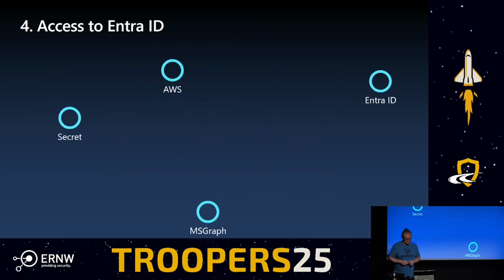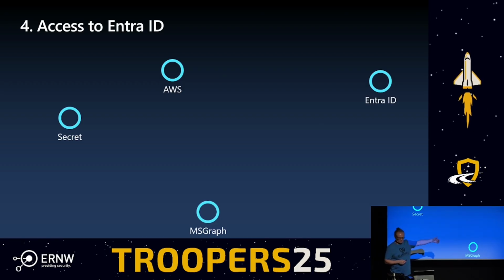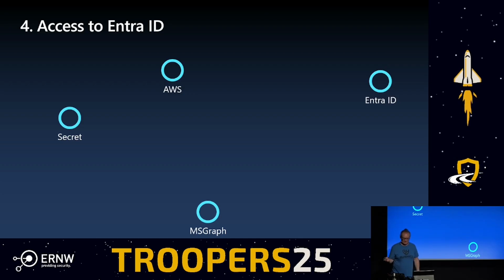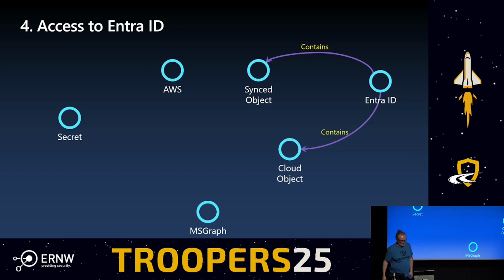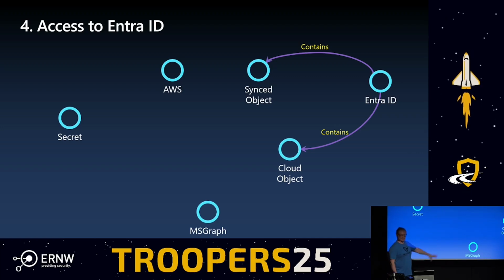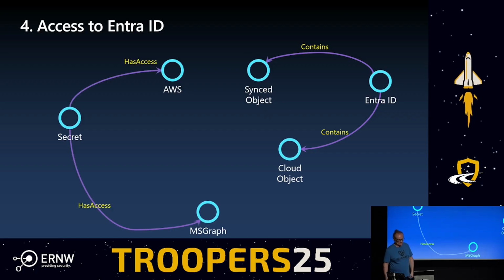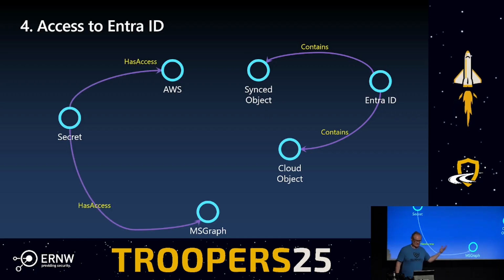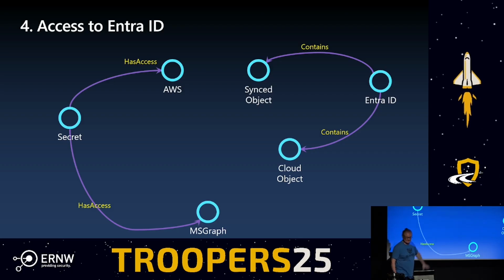Okay. Then access to Entra ID. So let's imagine that you're able to pass that. So you have now access to services, but now access to Entra. So in Entra, we have two kinds of objects. So we have the cloud-only objects and then synchronized objects. And the secret has access to two services here. So the admin web service and Microsoft Graph.